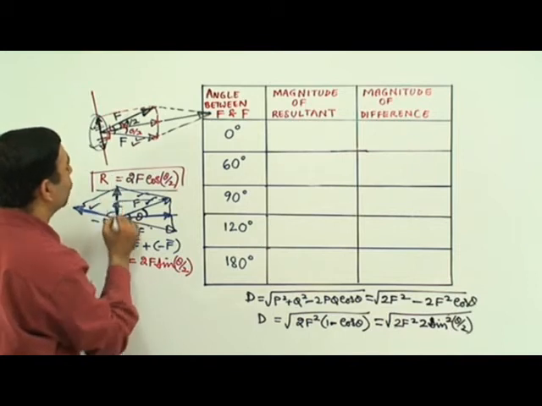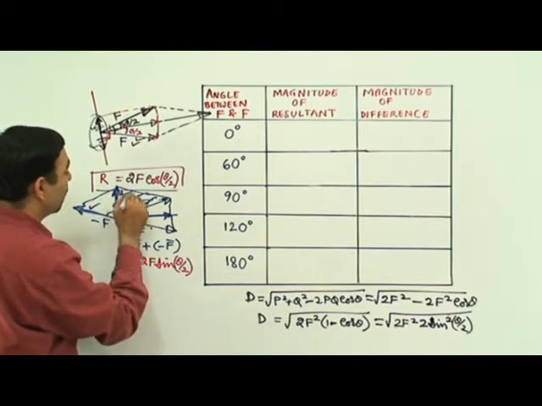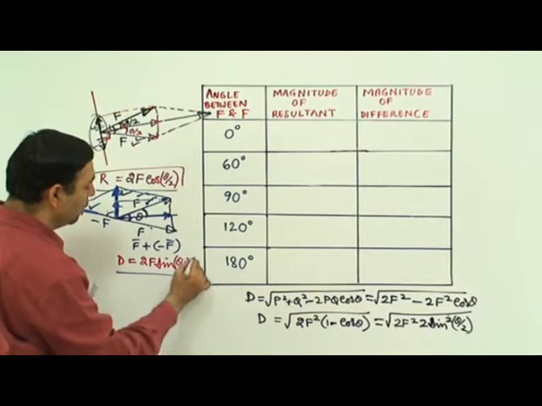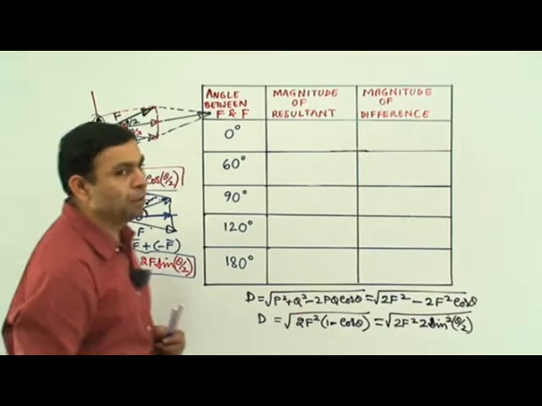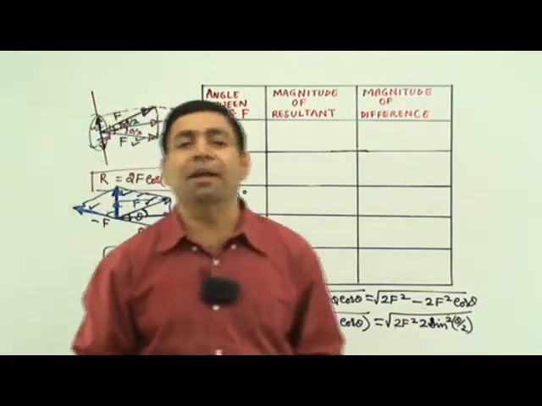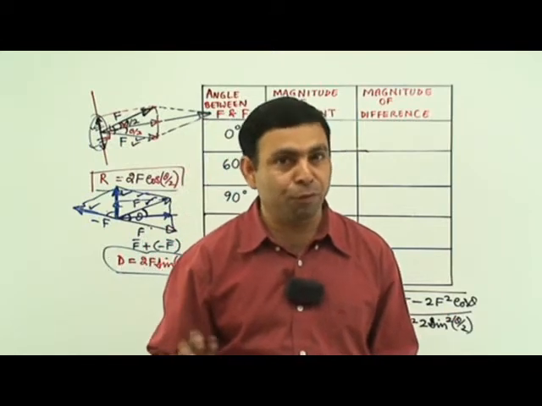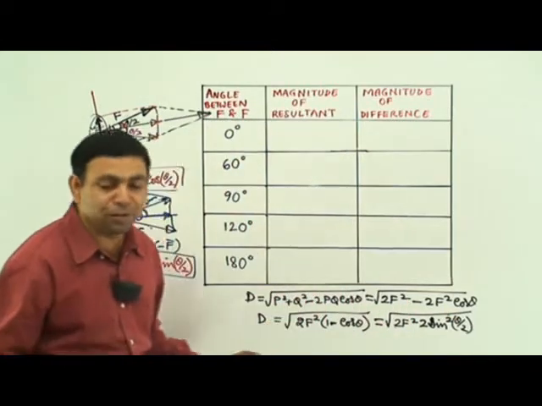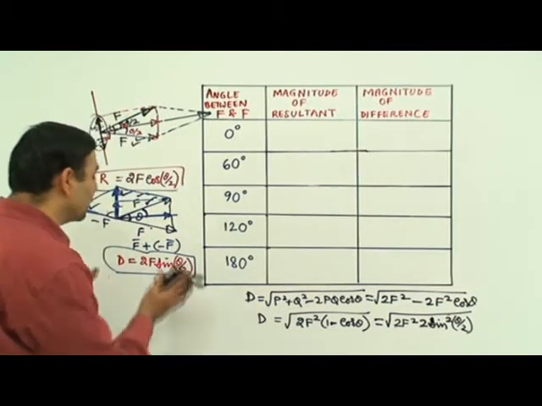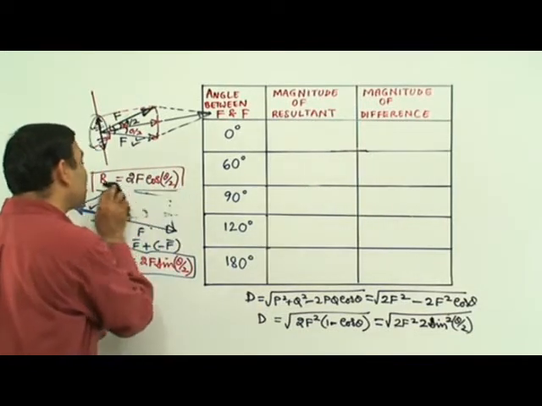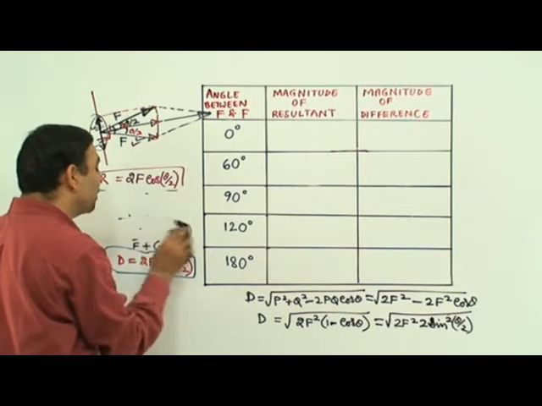So 2F sin theta by 2 will be the magnitude of difference. Or you can straight away go this way. So if F and F are inclined at angle theta, the magnitude of resultant is 2F cos theta by 2, and the magnitude of difference is 2F sin theta by 2. The problem here is you will remember the formulae, but there is a possibility of forgetting a few things.